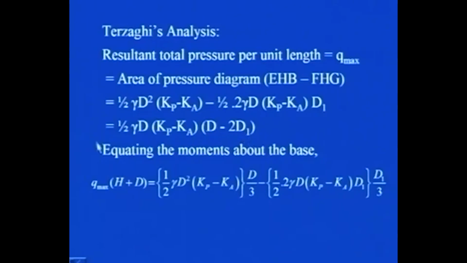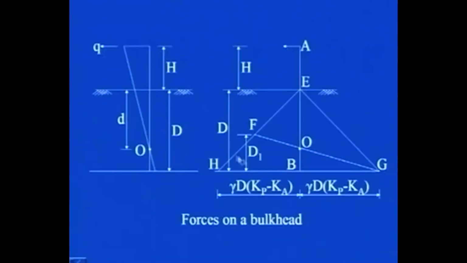Mind you that all these things are known except for d1. So, to know this resultant total pressure per unit length, that is Q max, we need to first know the value of d1. Now, if we equate the moment about the base, what we get is Q max into H plus D is equal to, you can see here, this area and its moment acting at 1/3, that is d by 3, and for this one the lever arm from the base will be 1/3 of d1.